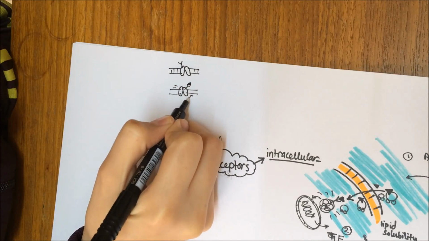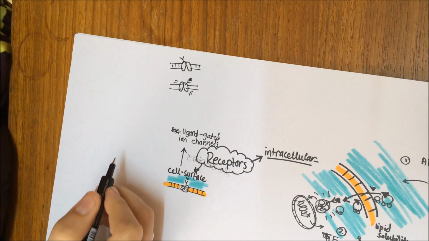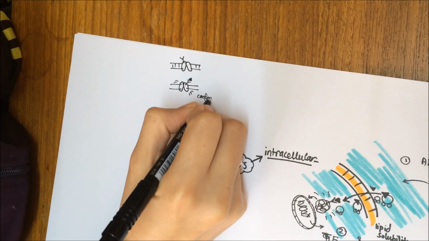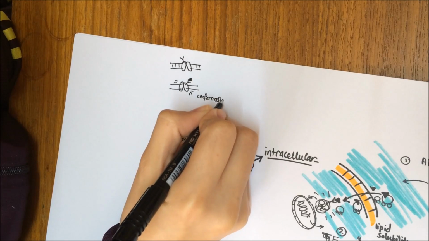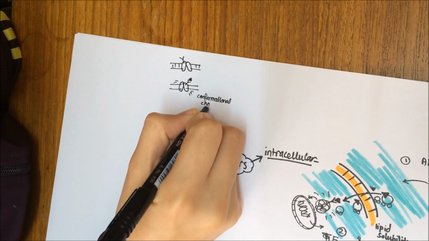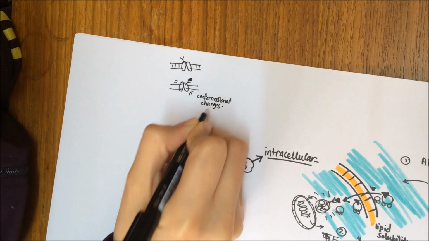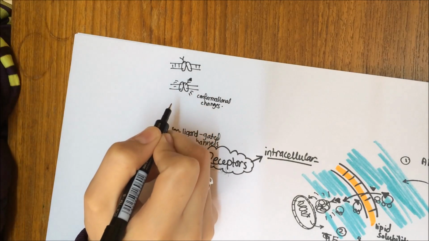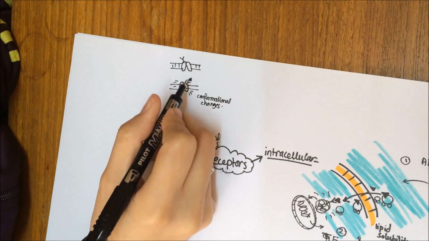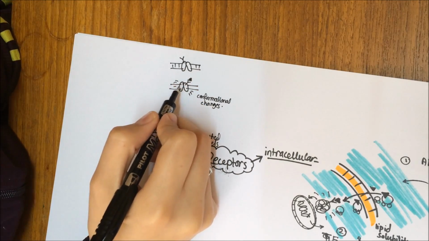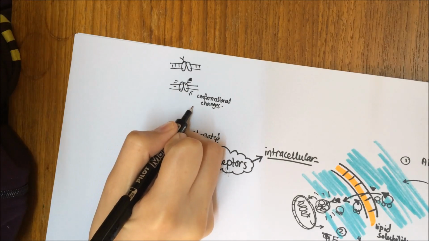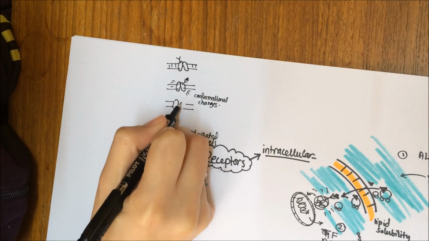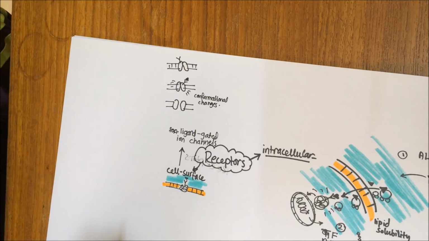When it binds, this will be activated. When it is activated, there will be conformational changes at the level of the three-dimensional, mostly the three-dimensional level of the structure of this protein. And now this gate is open.